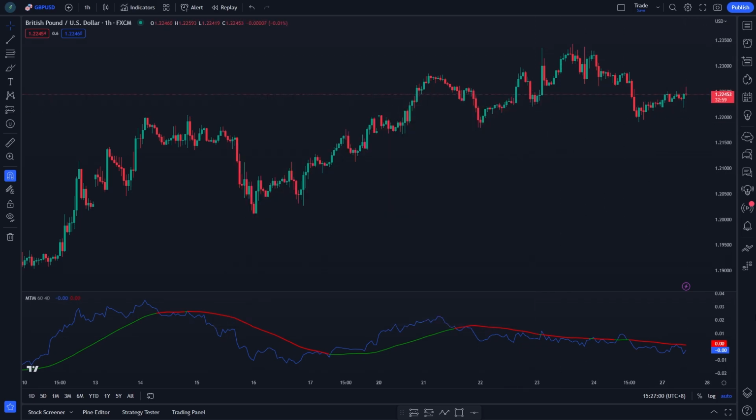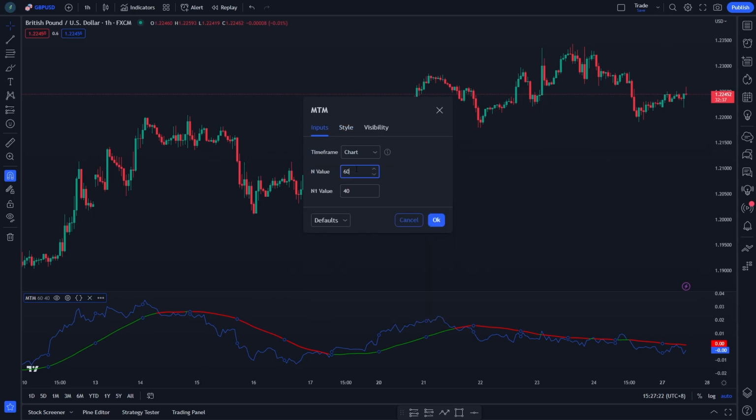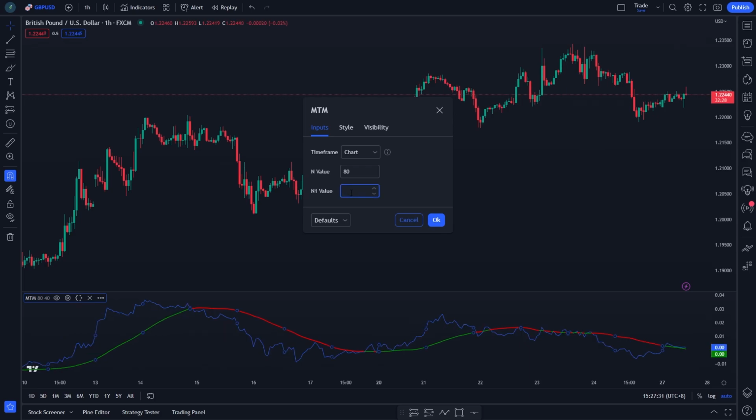I will make some changes to its settings. On the Input tab, change the N value to 80 and also change the N1 value to 80. Click OK.